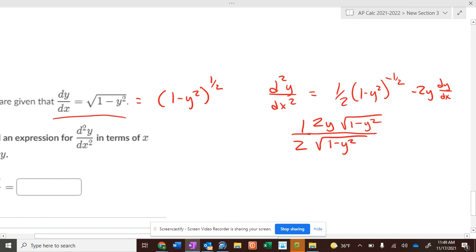So we replace dy/dx with the square root of 1 minus y squared. Negative 2y, because that's the first derivative of the inside.